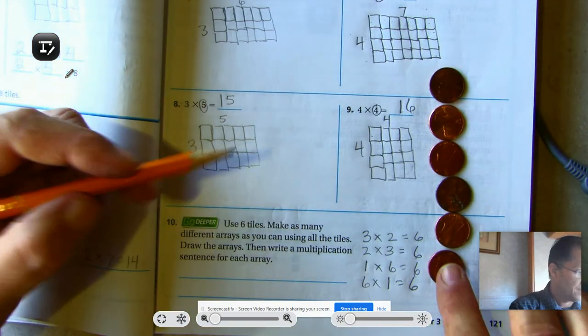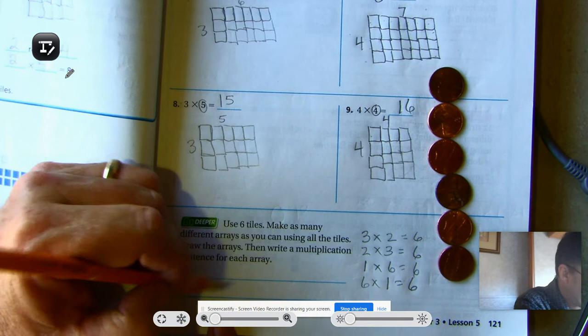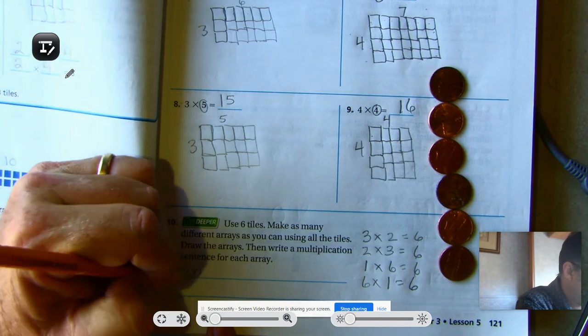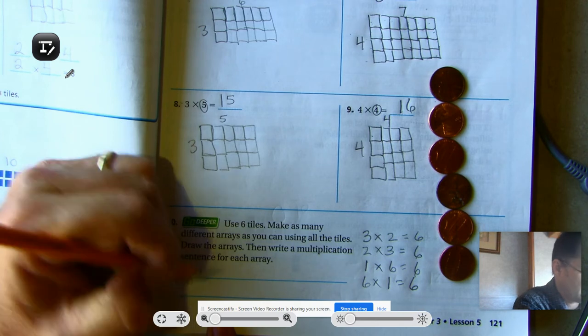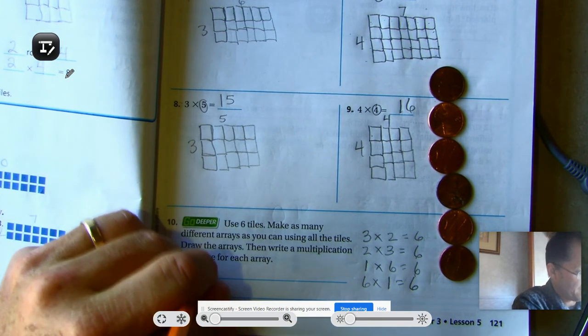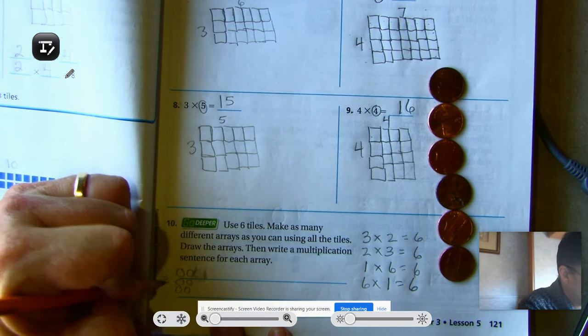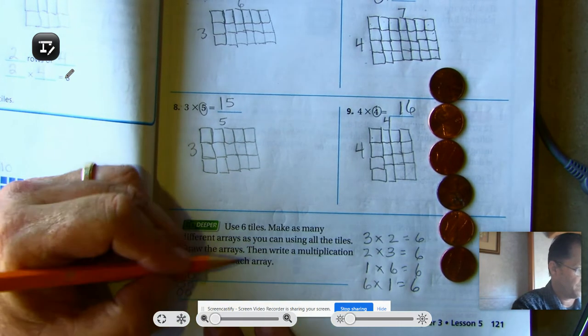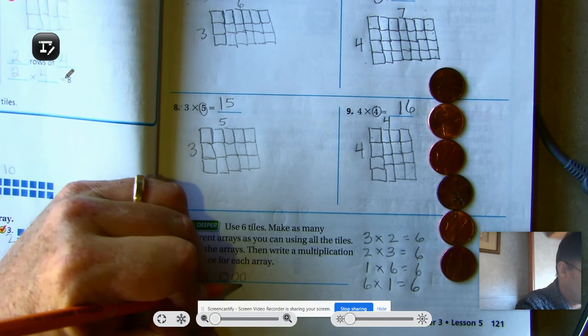Okay, so draw the arrays. So we have 3 rows of 2. We have 2 rows of 3.